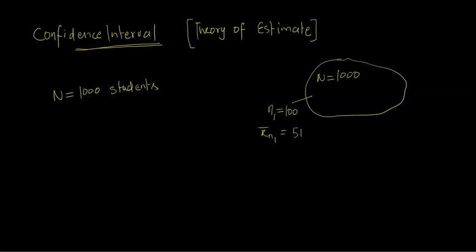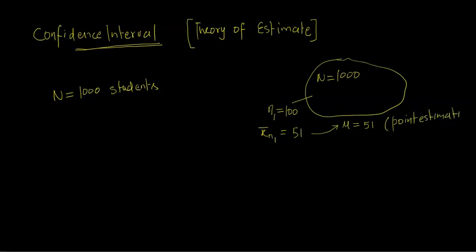And I can make certain estimations that if the average marks of a sample of size 100 is 51, I may end up saying that the average marks of the entire population, which is represented by mu, let's say, is also equal to 51. I can try to estimate that mu, which is representing the average marks of all 1,000 students, is equal to 51, and that I will call a point estimation.